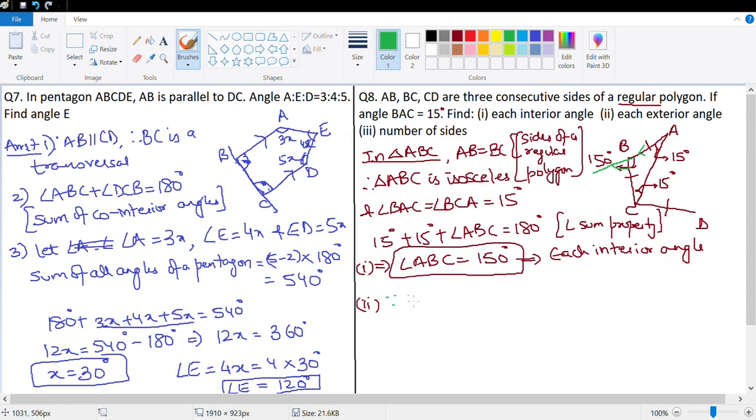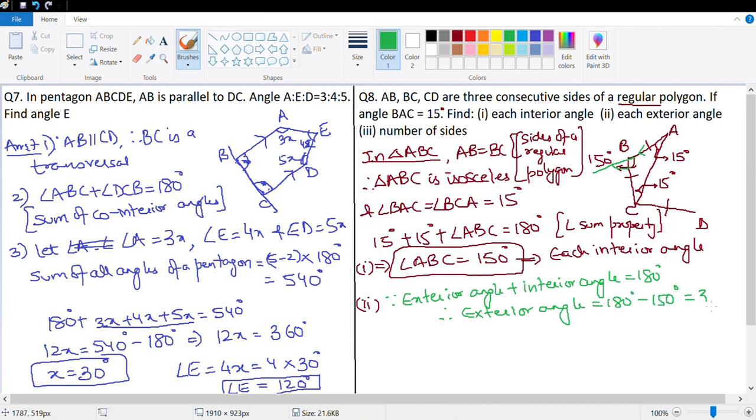So since exterior angle plus interior angle is equal to 180 degrees, therefore exterior angle is equal to 180 degrees minus 150 degrees is equal to 30 degrees. So that's the second part of the question. Each exterior angle is 30 degrees. So each interior angle done, each exterior angle done.